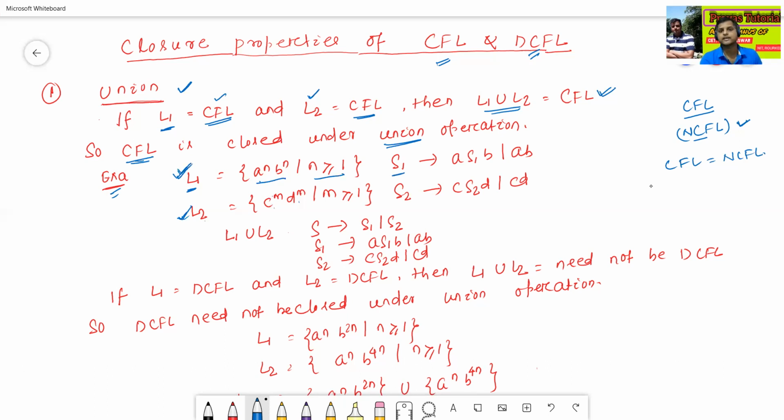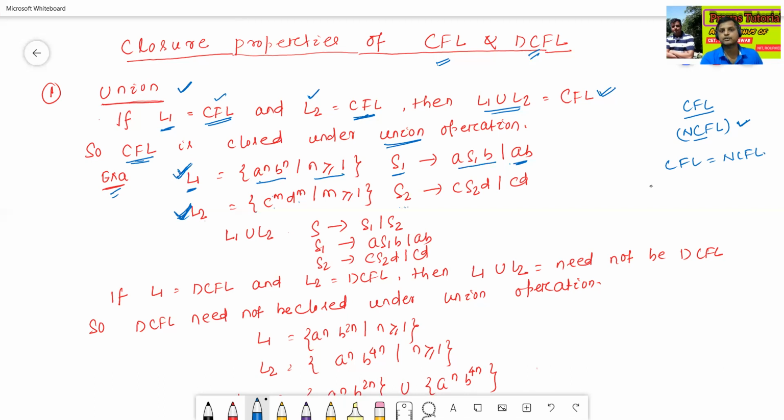How? S1 equals a S1 b or ab. Since L2 is CFL, we can construct the context-free grammar for the L2 language.